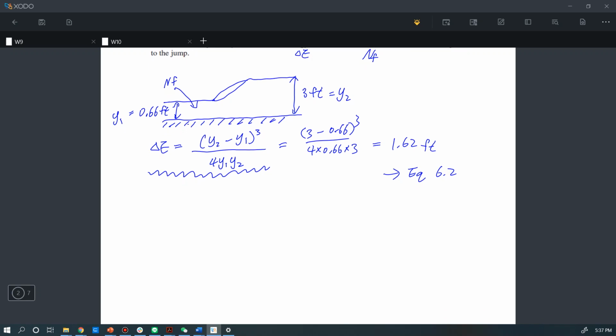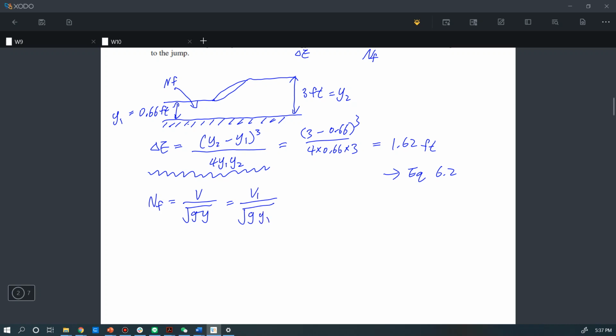To calculate that, we know the Froude number equation is this: velocity divided by the square root of g times y. Because we only focus on the first section, this is the velocity on that section divided by the square root of g times y1.